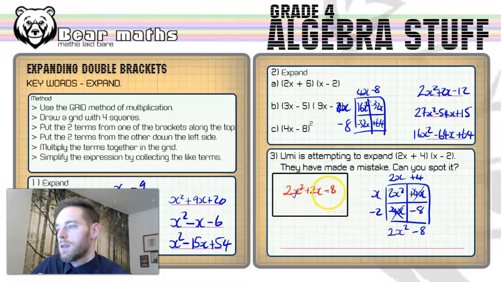So that bit's okay, and that bit's okay, and he's got this rogue extra 2x term in there. So he has the 2x term, which should be 0.